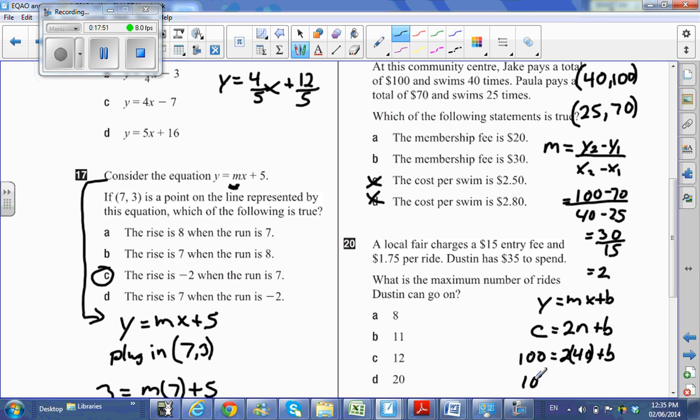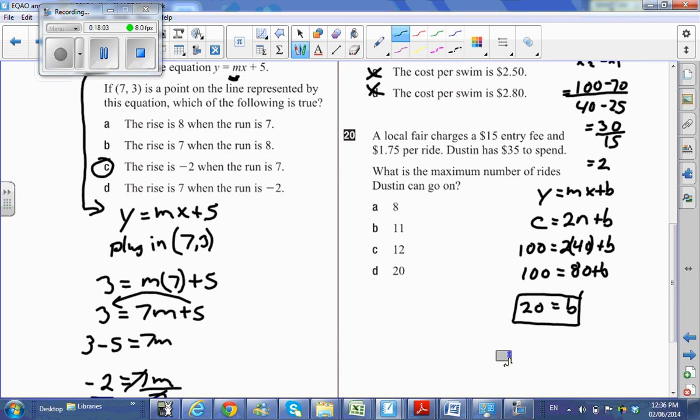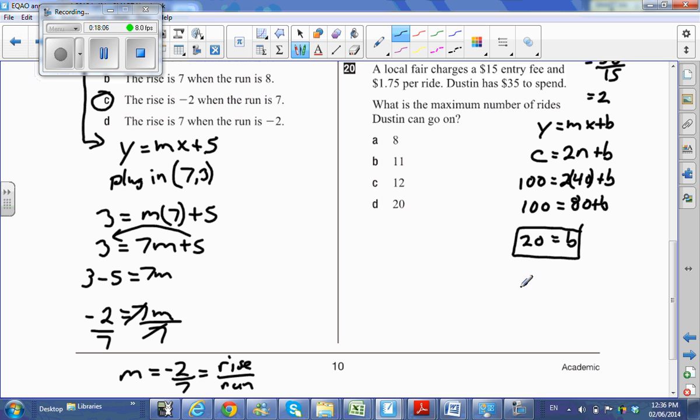So I get 100 equals 80 plus b. By inspection, without moving the 80 over, I think we can see that b would equal 20, which is the initial amount. If you actually drew out the graph here, no sense in having any negatives in this case.